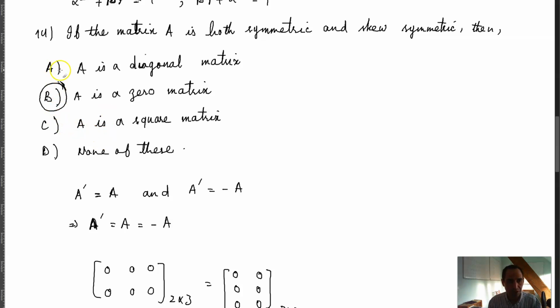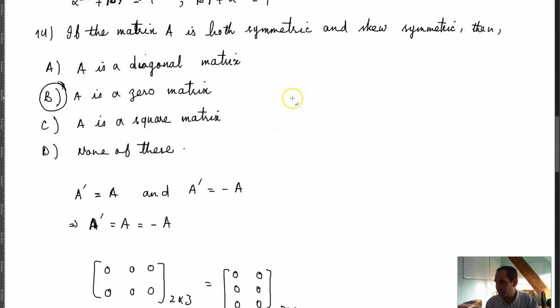For example, if you go for A and C, first of all, a diagonal matrix, as we discussed before, is a square matrix in which all of its non-diagonal elements are 0. Any square matrix in which all of the non-diagonal elements are 0 is called a diagonal matrix.